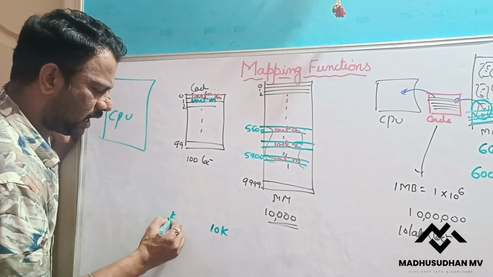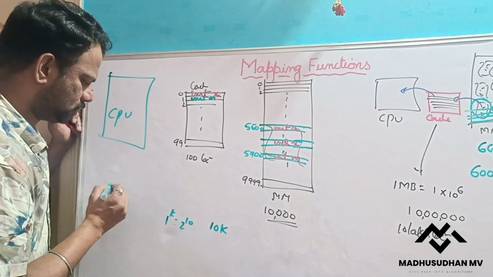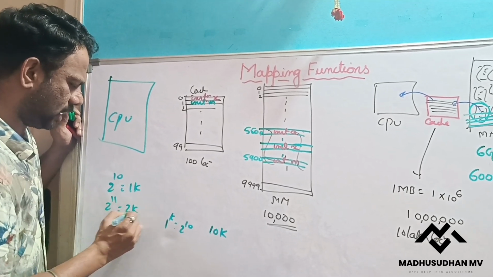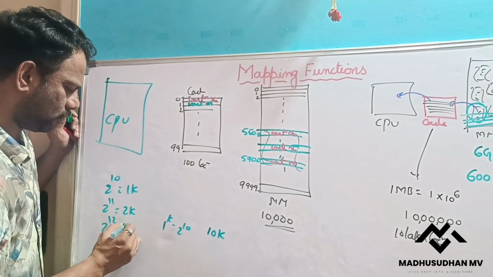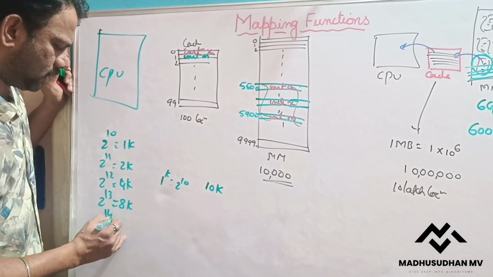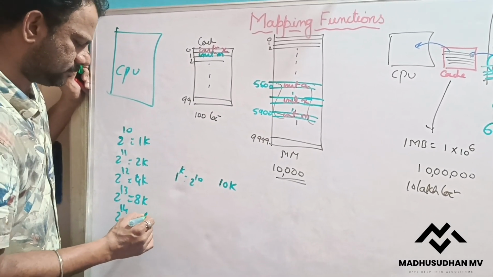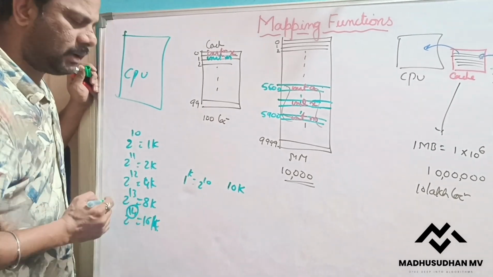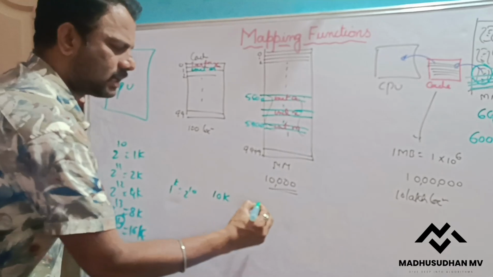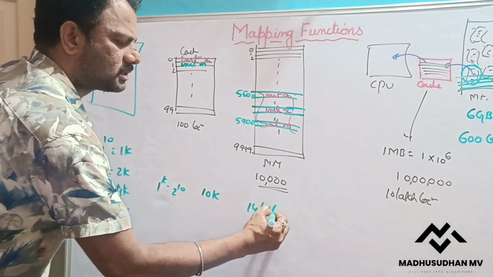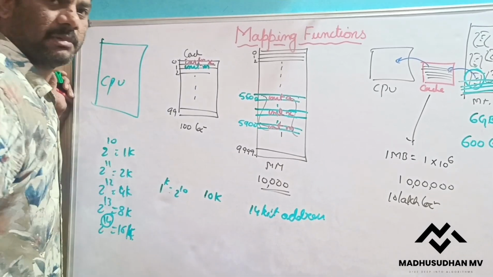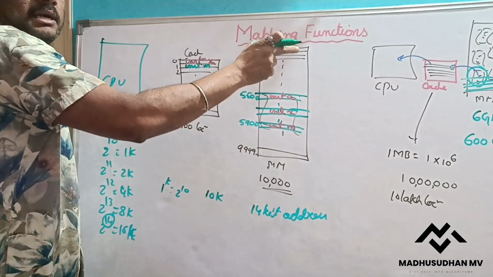For 1K, 2 to the power of 10; 2 to the power of 11 is 2K, 2 to the power of 12 is 4K, 2 to the power of 13 is 8K, 2 to the power of 14 is 16K. That means I need 14 bits to identify each location. That means my address line is a 14-bit address.